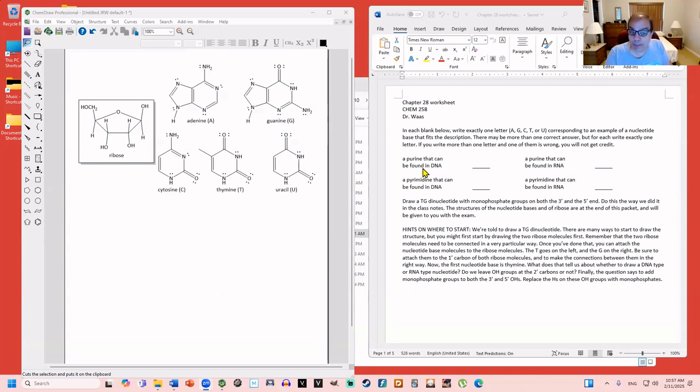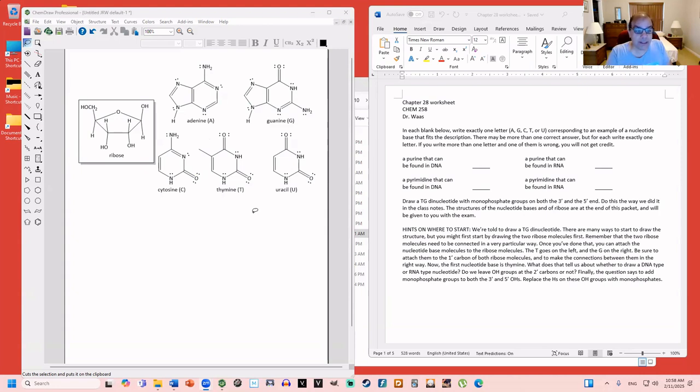The way I always remember is that purine is a shorter word than pyrimidine, but it's backwards in terms of the heterocycles. The larger heterocycles go with the shorter word. So the purines are adenine and guanine, and pyrimidine, which is a larger word, goes with the smaller heterocycles. So the pyrimidines are the smaller heterocycles, cytosine, thymine, and uracil.